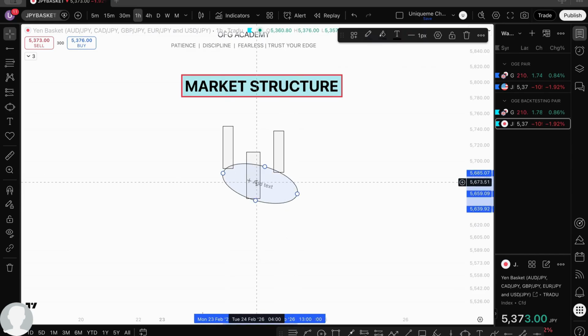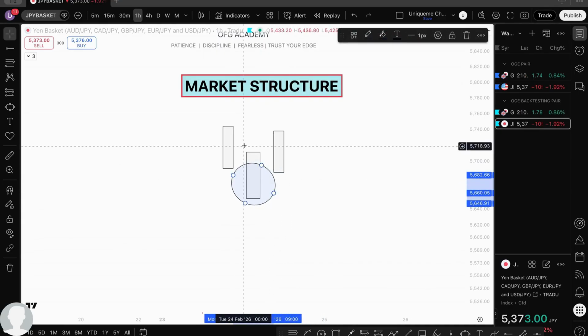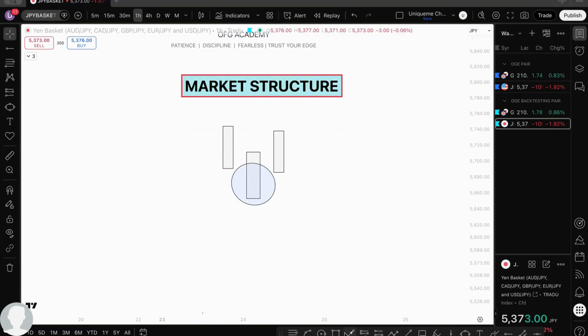So what are you doing? You are making sure that the first candle and the third candle are above for a buy scenario. For a sell scenario, let me draw again.